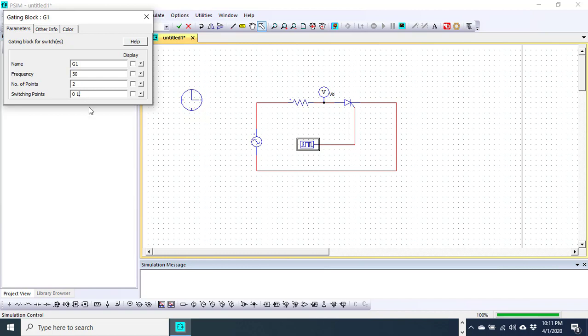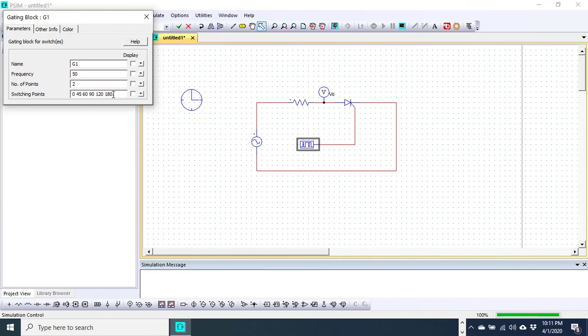So I have to adjust the switching points: 45, let's suppose 60, and then 90, 120, and then 180, let's suppose.